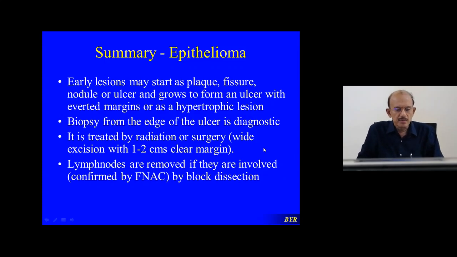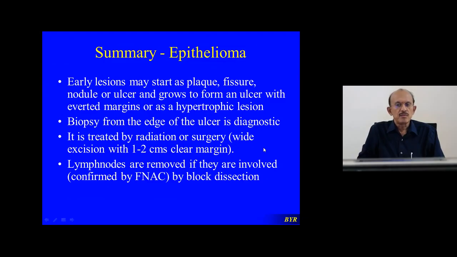The main concept of block dissection is removal of the lymph nodes and lymphatics. Can you see the lymphatics? No, you cannot see the lymphatics. Then how can you remove lymphatics if you cannot see them? That is why you remove all the tissues which have the lymphatics.